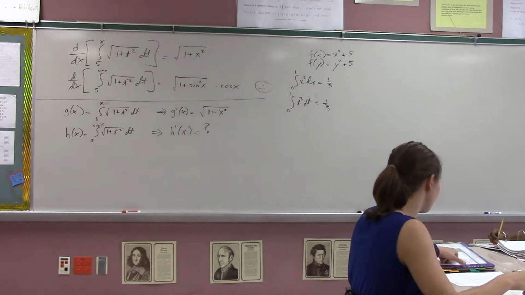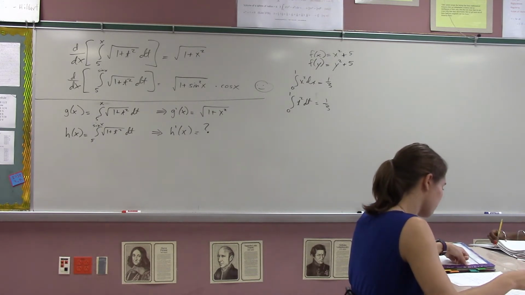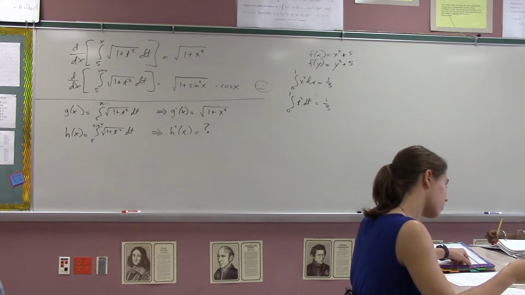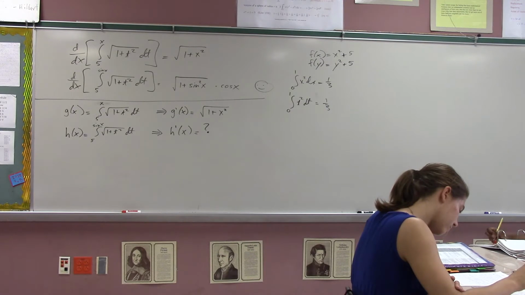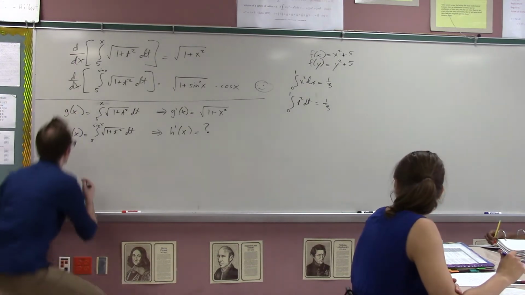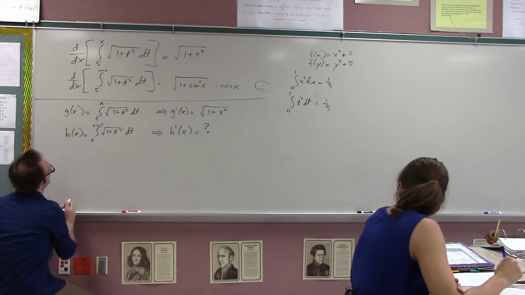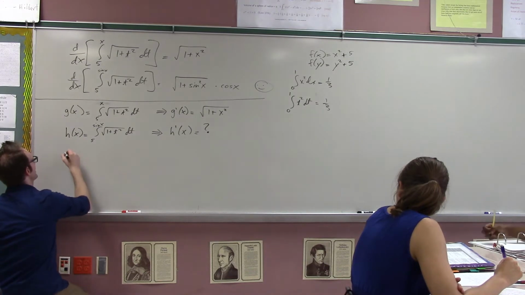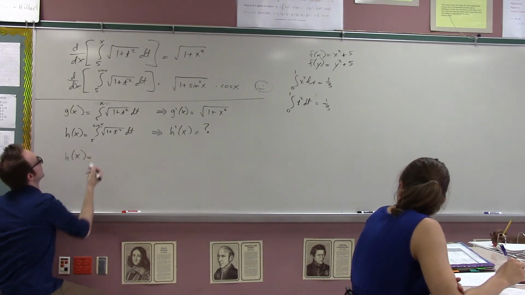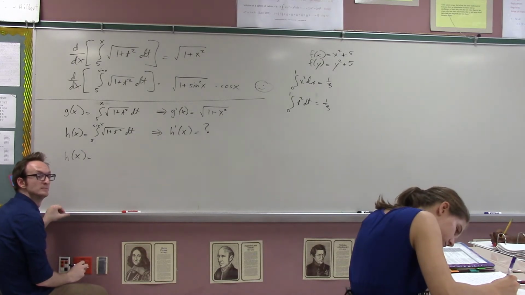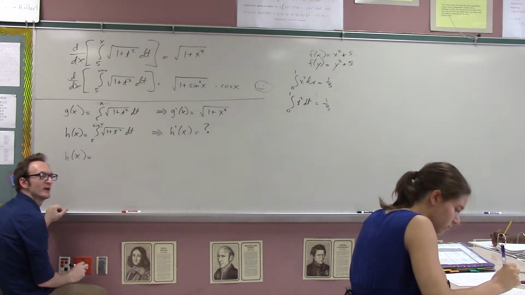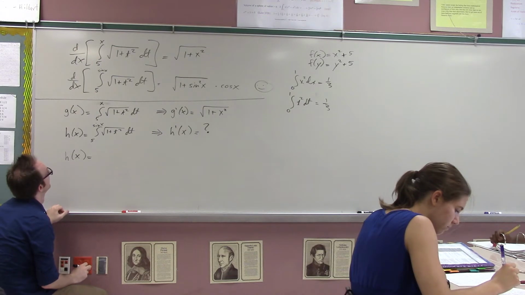So why does it help to write it all out like this? Does anyone see where this is going? You can sort of express h as something, right? If this is g and this is h, then h is just... 5 to x, and then x to sine?